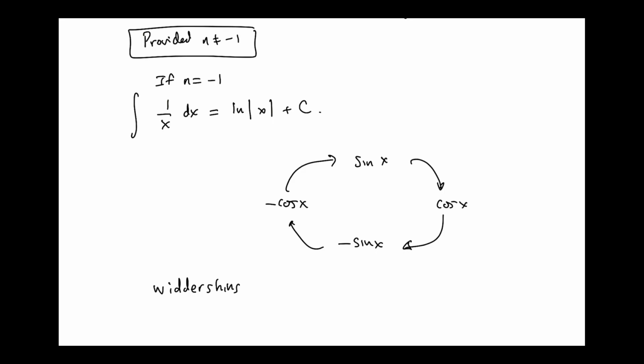Okay, so now the other ones that we've got, numbers 8, 9, 10, and 11, right? It's sort of funny. Let's take number 8, for example, the integral of secant squared, that being tangent.